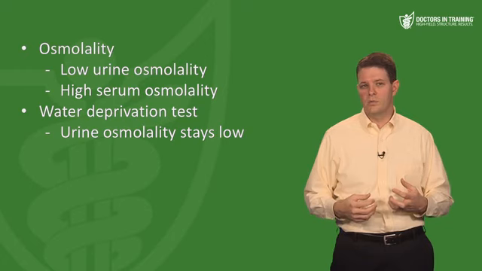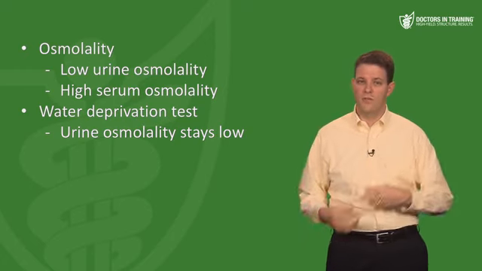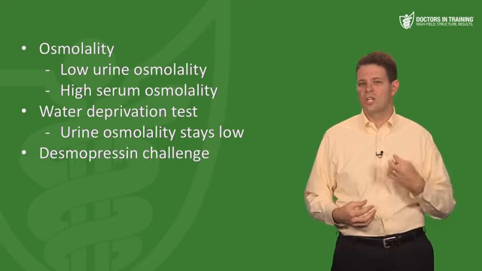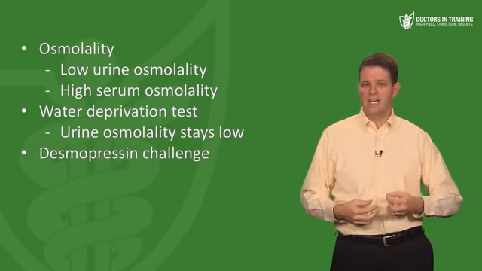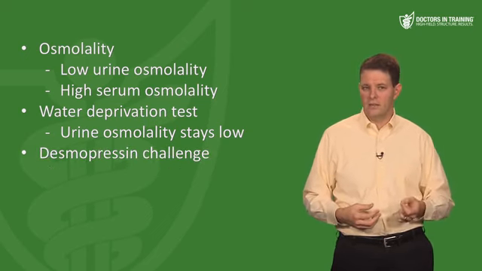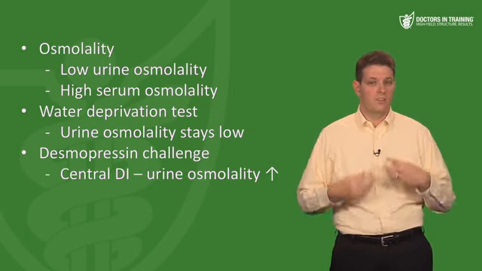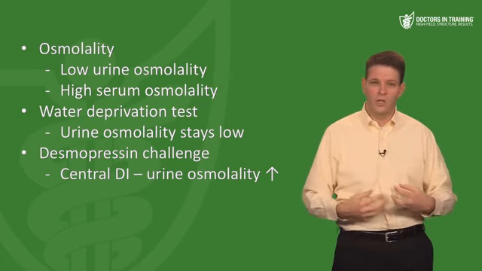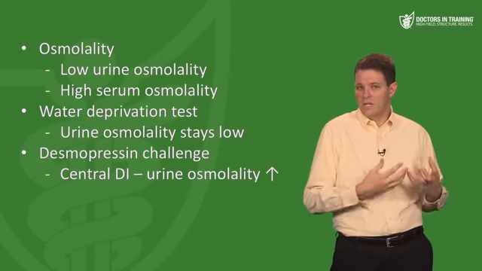Then how do you distinguish between central diabetes insipidus and nephrogenic diabetes insipidus? Well, you need to do a test called a desmopressin challenge, where you give the patient an ADH analog called desmopressin. Now, if you give desmopressin to a patient with central diabetes insipidus, the urine osmolality will finally rise because you've corrected the patient's ADH deficiency.